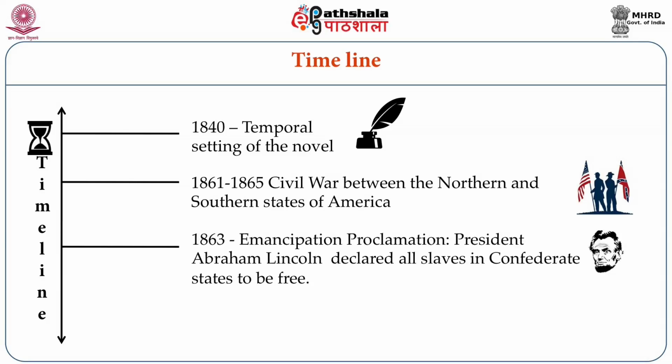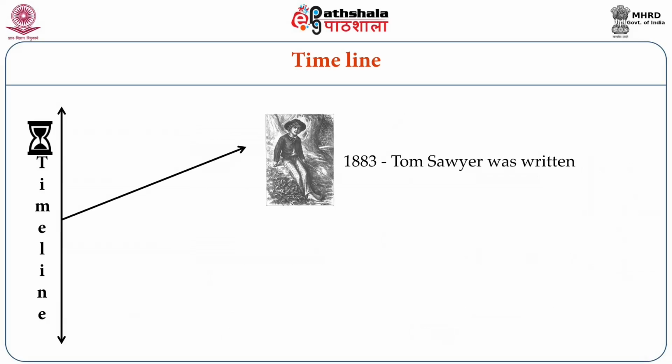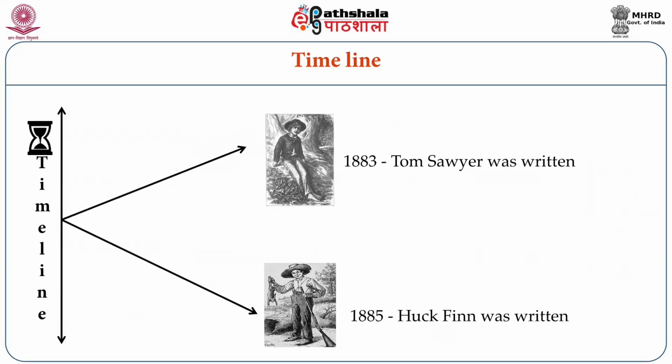In 1863, the Emancipation Proclamation of President Abraham Lincoln came in, which declared all slaves in the Confederate States to be free. In 1866, the 13th Amendment to the US Constitution came in, which abolished slavery. In 1883, Tom Sawyer was written, and in 1885, Huckleberry Finn was written.